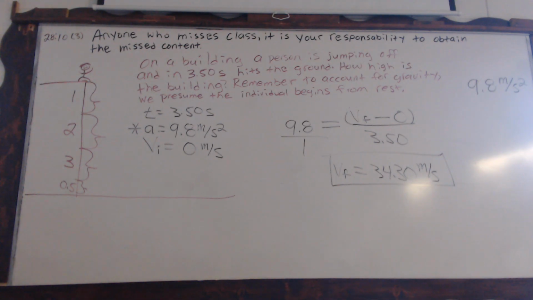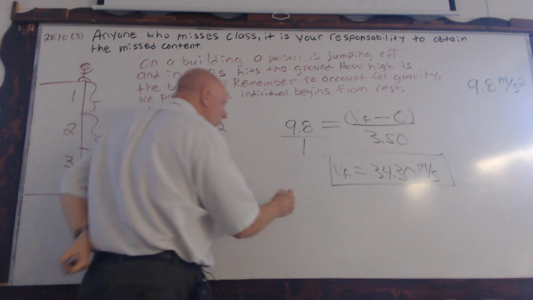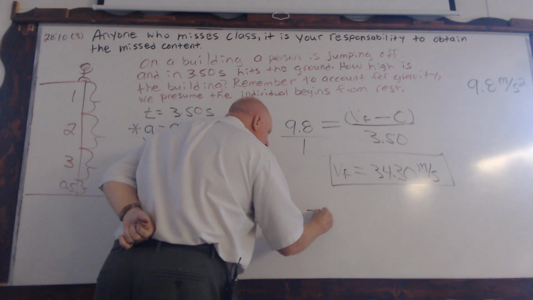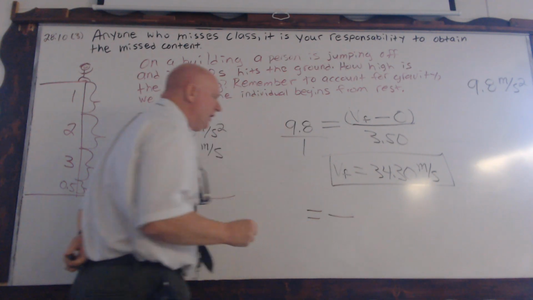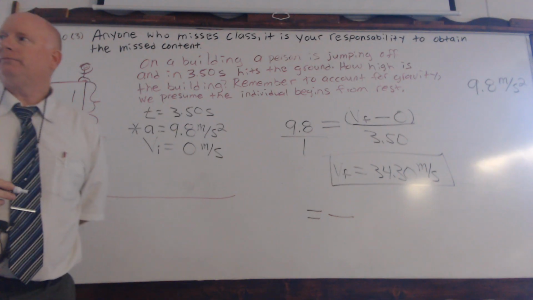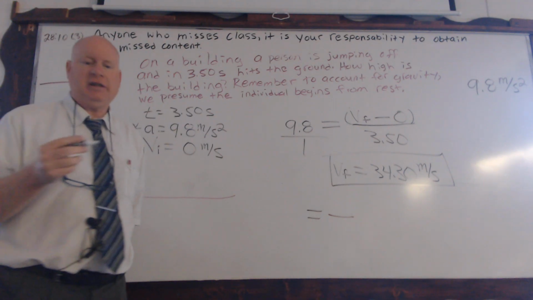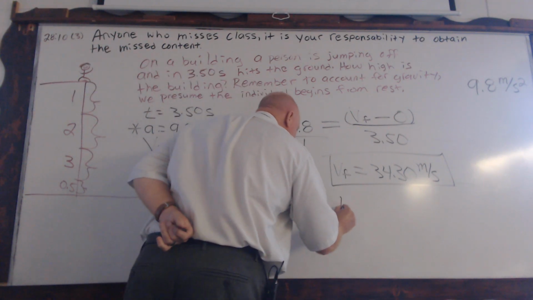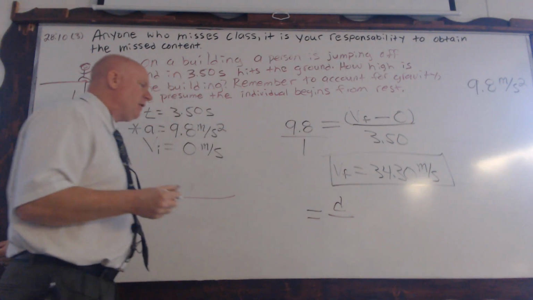On the right-hand side of your velocity formula, what goes over there on the top of the fraction? Distance, or D. What goes on the bottom of your fraction?